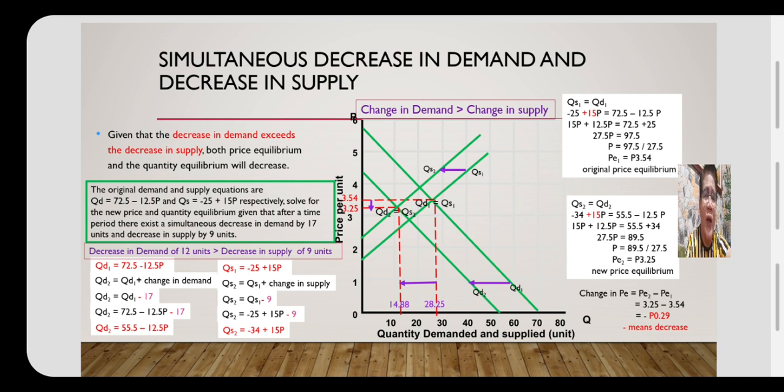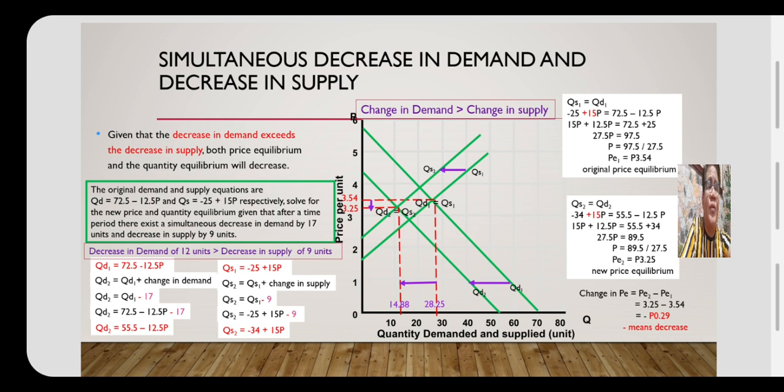Using the same market situation and market condition, graphically you will observe that the gap between the new and the original demand curve is bigger than the gap between the new and the original supply curves. That is because the change in demand exceeds the change in supply.